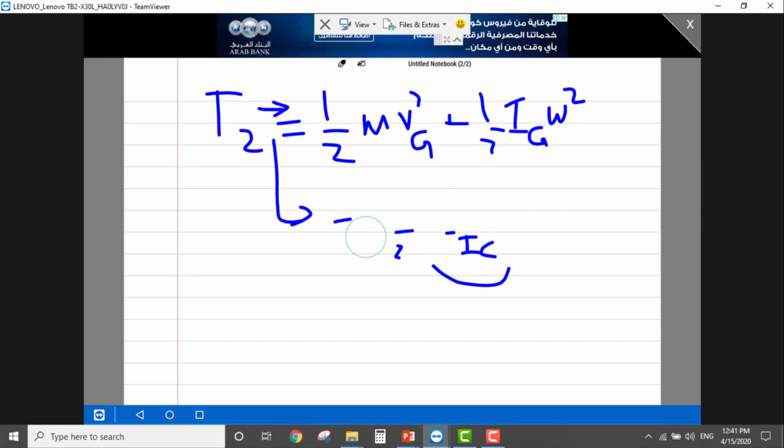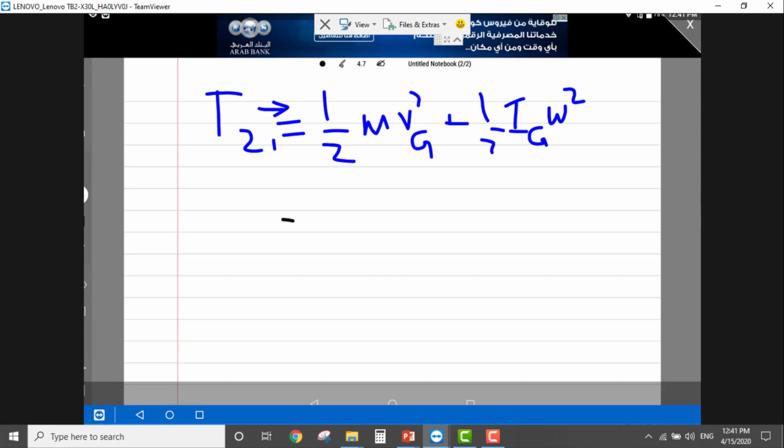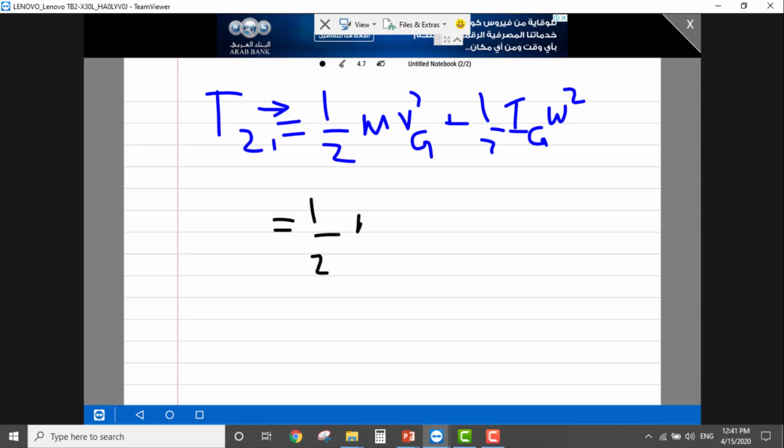I'll erase this one and substitute. This is equal to half m, and instead of vg, I write R omega, squared, plus half Ig omega squared.